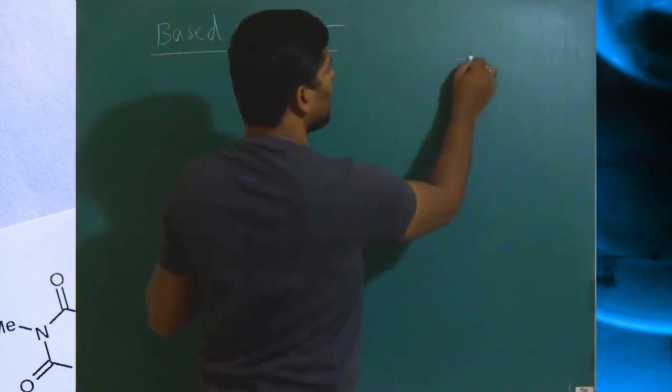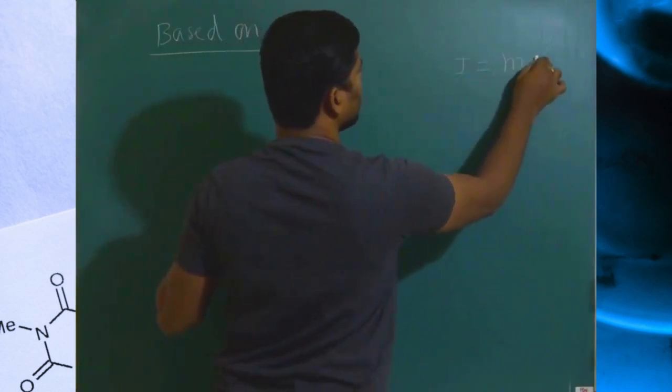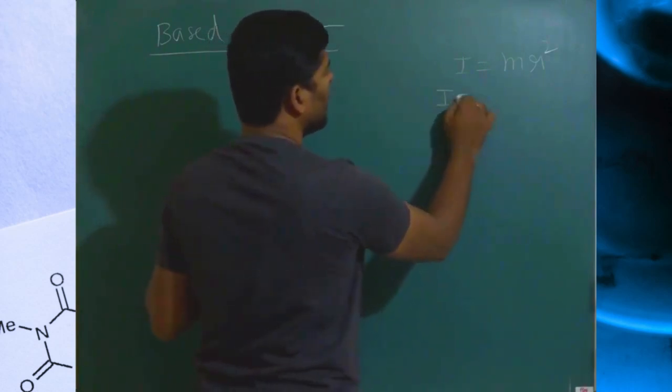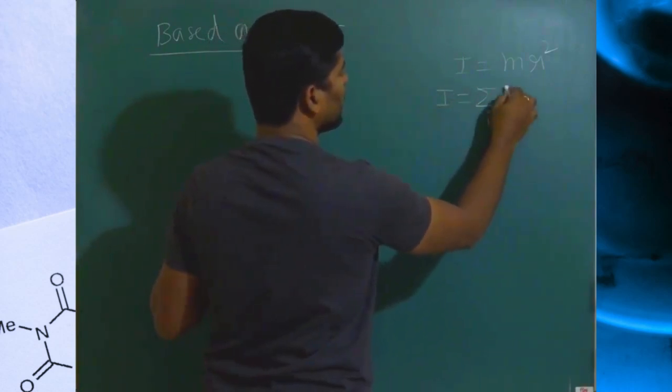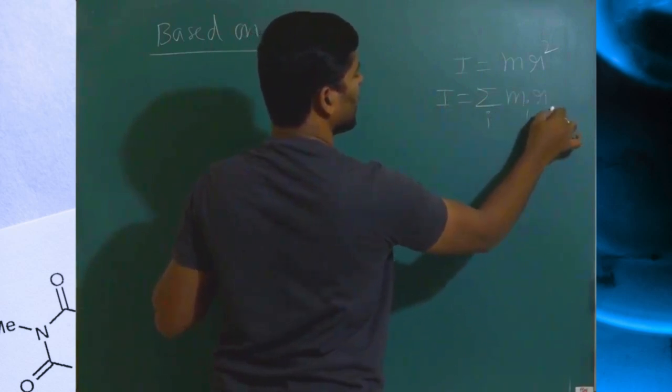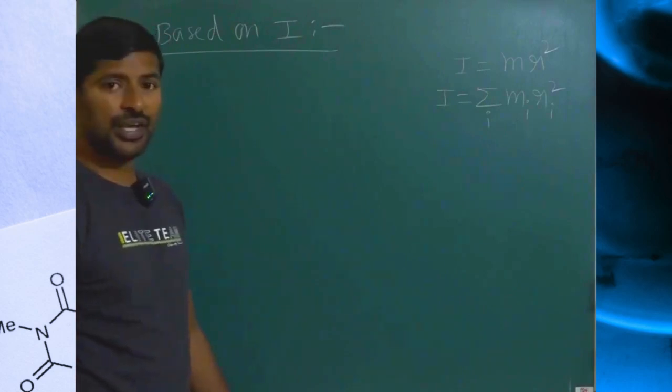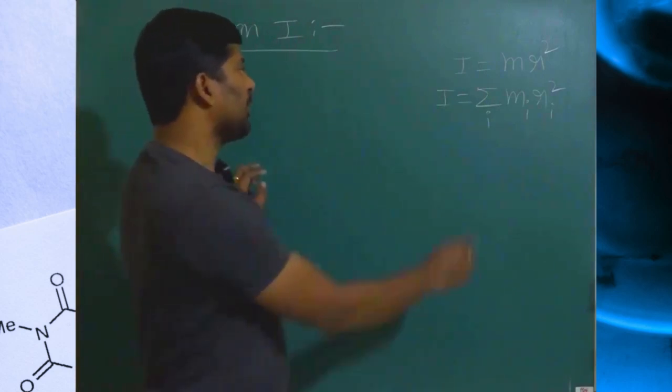If you take a single body system, the expression is mr squared. If you have many bodies, then the expression for moment of inertia is I equal to summation mi ri squared.